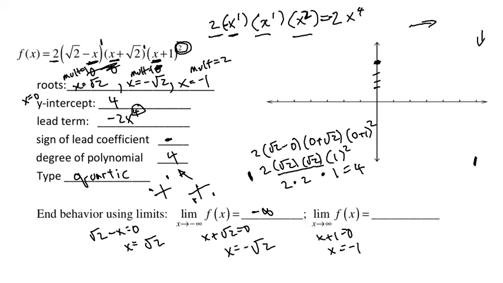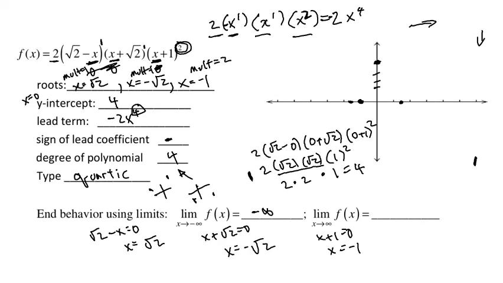And our roots, one of them is at -1. One of them is at negative radical 2, which is about -1.4. So maybe about here. Another one is at positive radical 2, which is about +1.4. So let's look at what's going to happen.